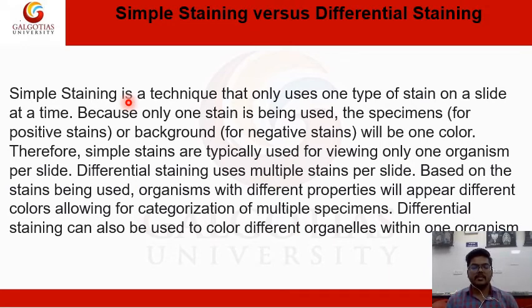But if we are using gram stain for bacteria, it is a differential stain, because we are using crystal violet as well as safranin and different types of stains. Based on the stains being used, organisms with different properties will appear in different colors, allowing categorization of multiple specimens. Differential staining can also be used to color different organelles within one organism.